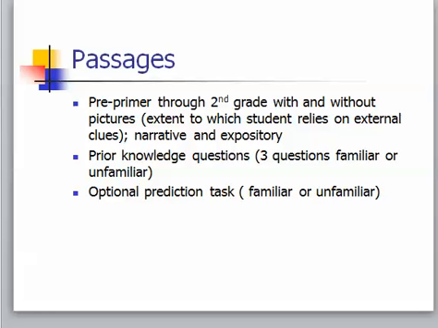There are narrative and expository. It starts with asking them if they are familiar or unfamiliar with the text with the prior knowledge questions. If they score 55% or higher, they're familiar. If they score less than 55%, they are unfamiliar, and you ask them the prediction task.